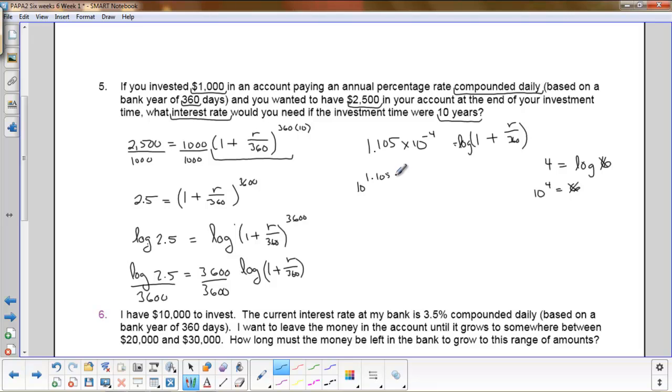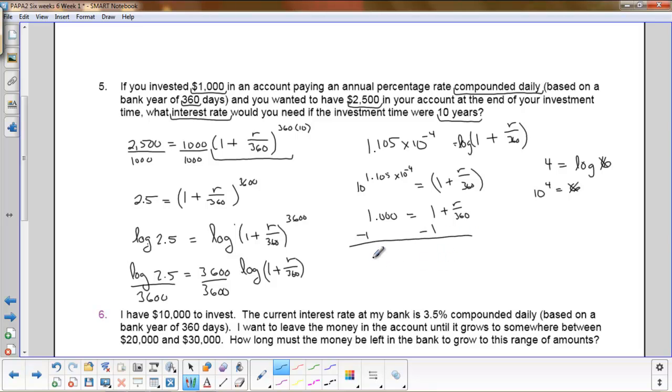So now it's going to be 10 to the 1.105 times 10 to the negative 4 power equals 1 plus r divided by 360. This gives me approximately 1.00 equals 1 plus r divided by 360. Subtracting 1, now you realize this is a very much an estimated answer.